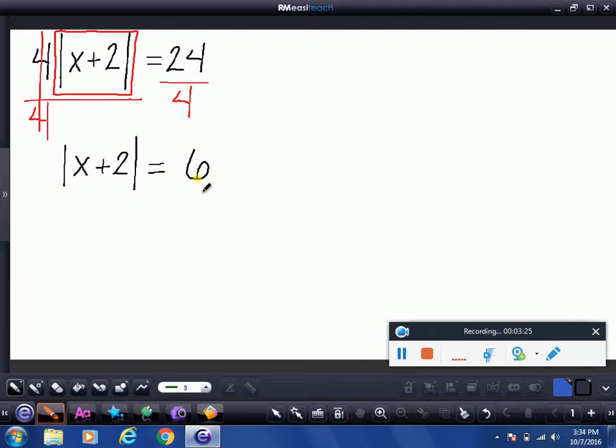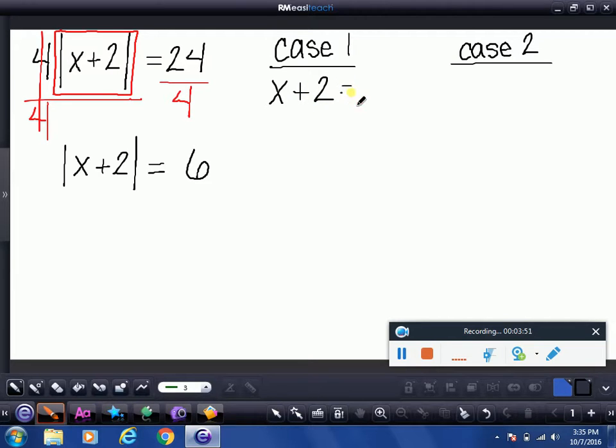Now, once you have the absolute value by itself, like we do here, you're going to create 2 cases. Case 1 and a case 2. Case 1, you're going to put x plus 2 equals negative 6.